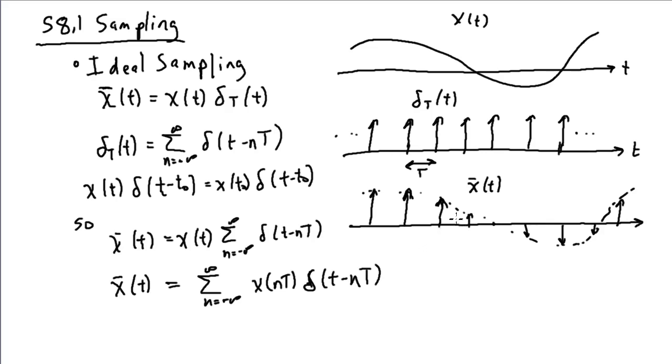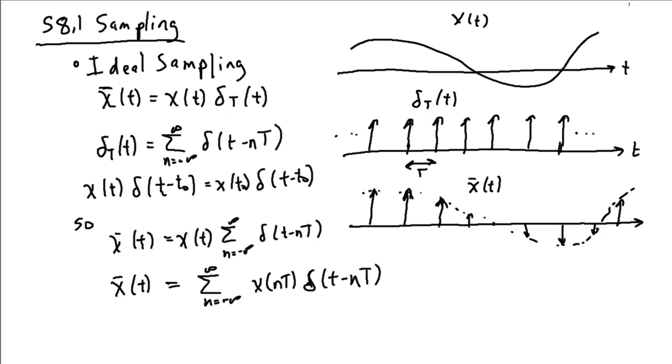We can't actually generate x over bar of t, we can't practically generate a single impulse, let alone an infinite train of them. But again, understanding ideal sampling will help us to understand practical sampling better. Also note that x over bar of t, although it's not a practical signal, is a continuous time signal. A very strange one, but it is still a continuous time signal.